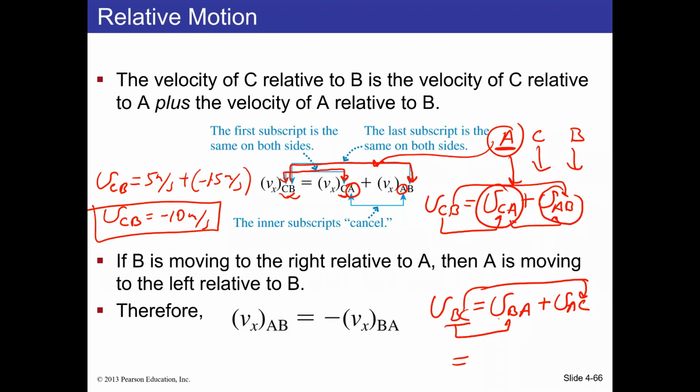So let's see what we get. V_BE, velocity of Bill relative to Emmy, is 15 meters per second, plus velocity of Emmy relative to Carlos is negative 5 meters per second. That means Bill is moving relative to Carlos at 10 meters per second, which, again, should make sense.